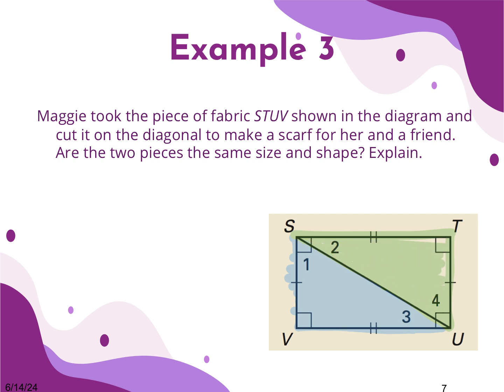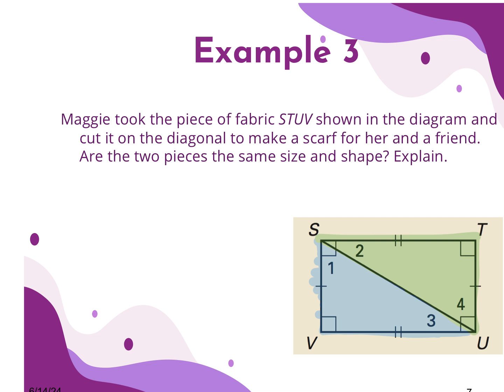So remember, in order for something to be congruent, I have to have 3 angles and 3 sides to be congruent. So looking at this, I'm just going to go ahead and find what I have. I can find that there are 3 sides in this diagram. I have 3 corresponding sides.